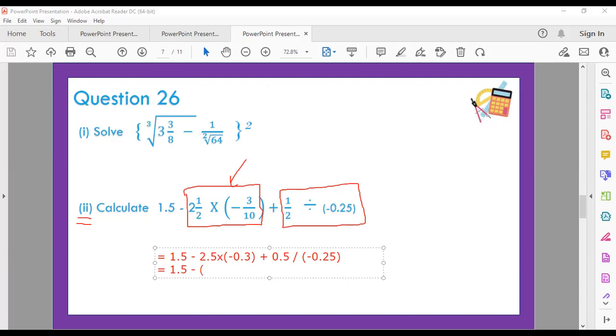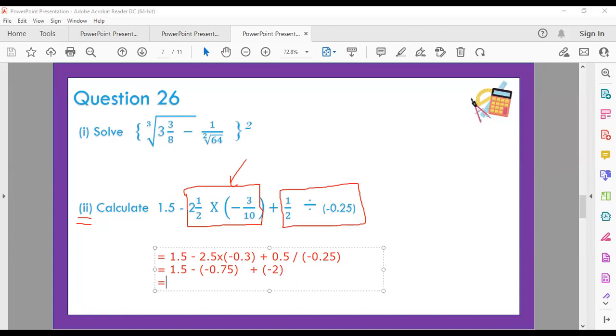So you put a bracket because of the negative 3/10, the negative 0.3. So it will be negative 0.75. Continue with the addition of the other part now. What is 0.5 divided by 0.25? Press it on your calculator and you will get 2. But remember there is a negative, so the answer here is negative 2.